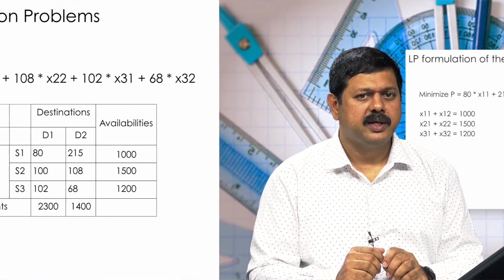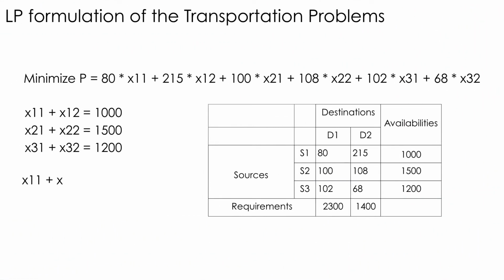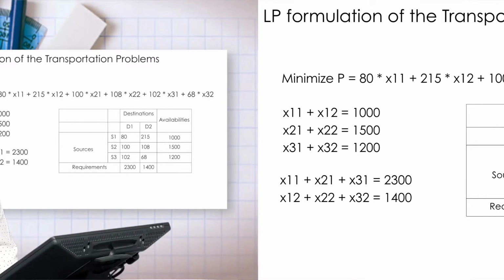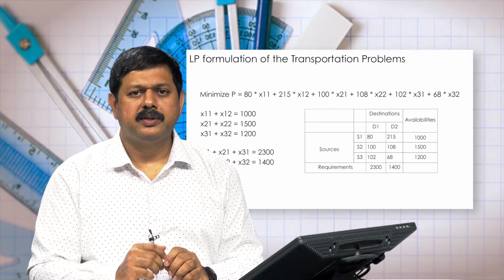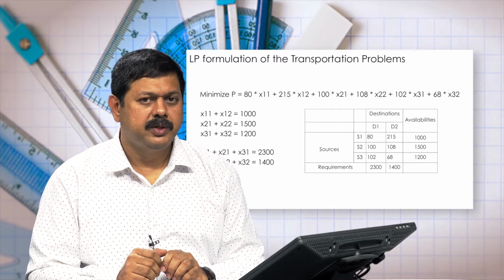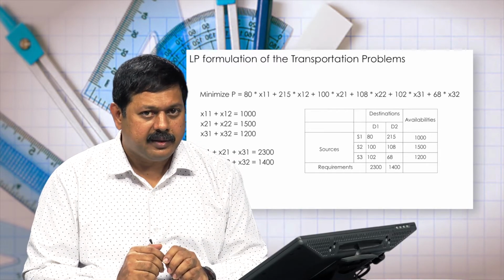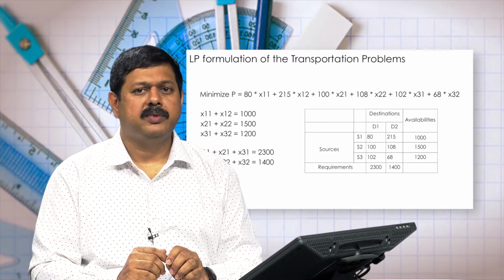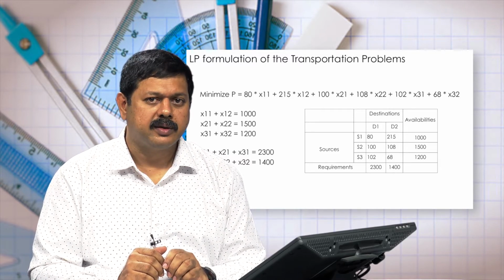Also, we have the constraints x11 plus x21 plus x31 equals 2300, x12 plus x22 plus x32 equals 1400. That is, the sum of the resources received by destination D1 from the sources S1, S2 and S3 must be 2300, and that received by destination D2 from these sources must be 1400.